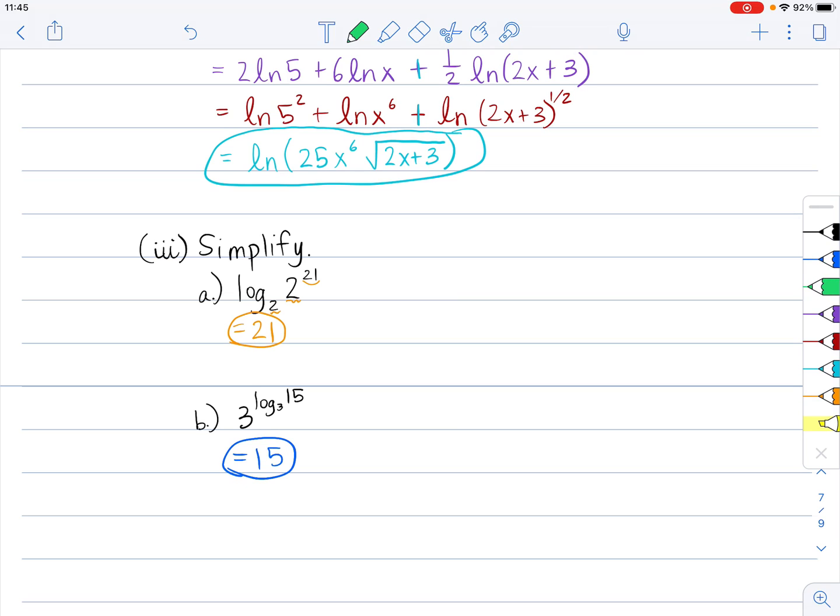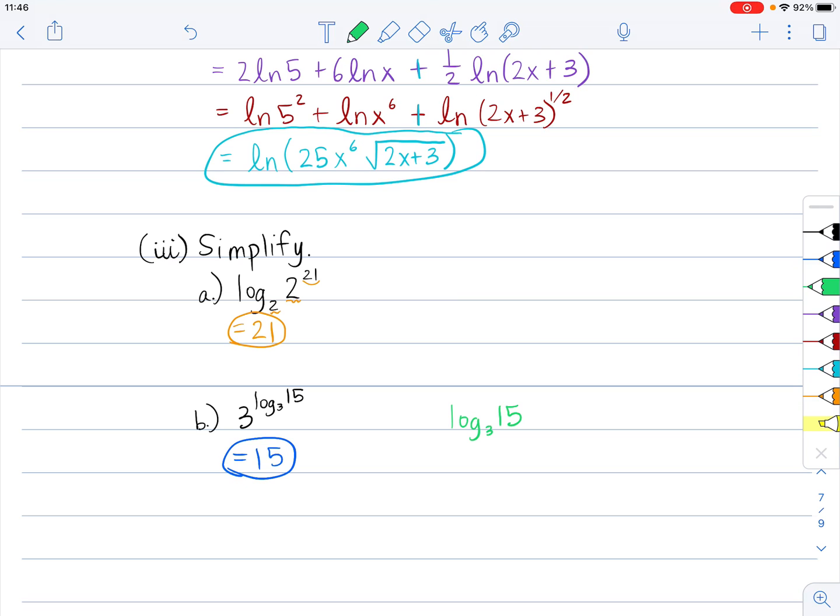If you were just to look at log base 3 of 15 on its own, 3 to some power that we know of will not give us 15. 3 to some power does equal 15.